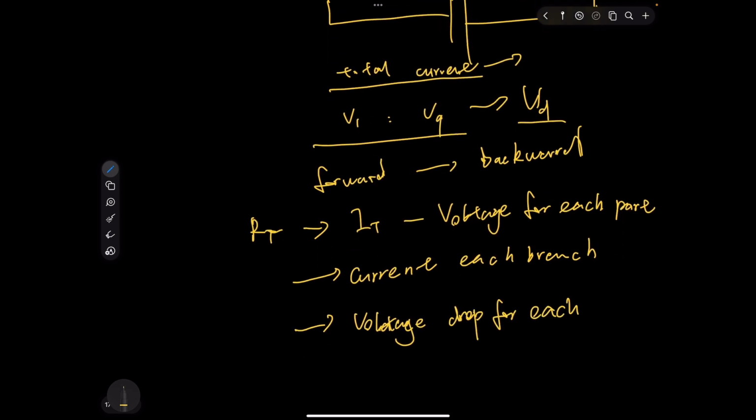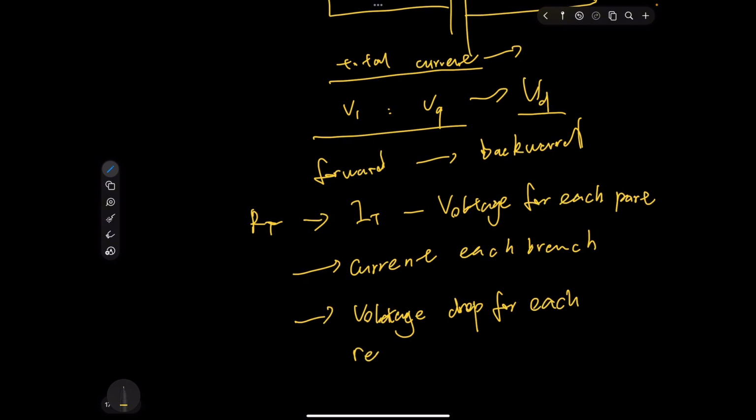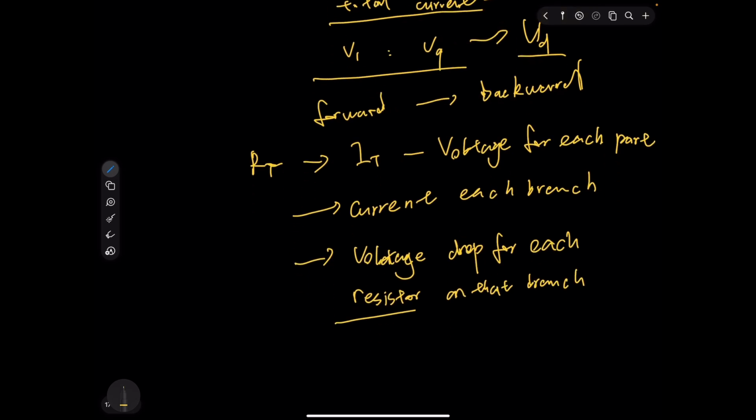For each resistor on that branch. Then we get the current.